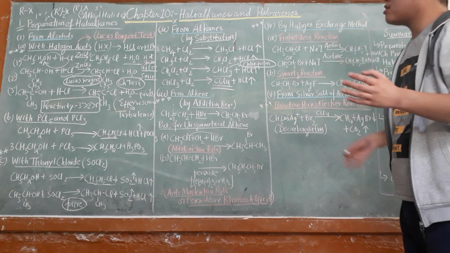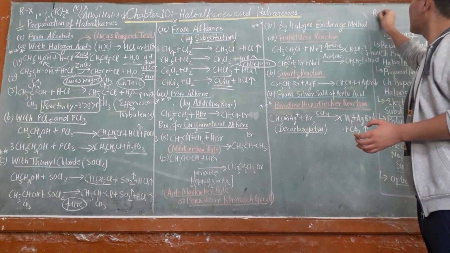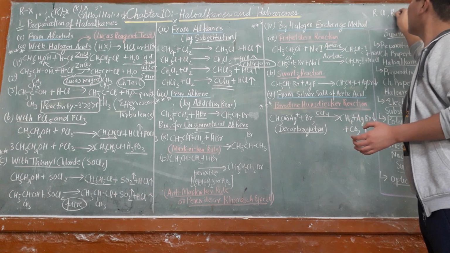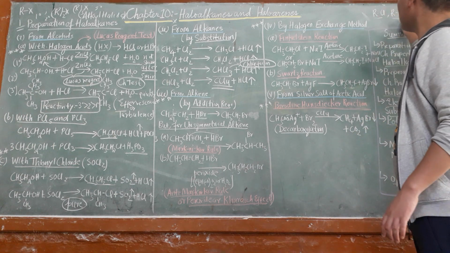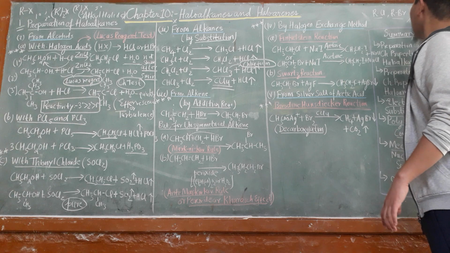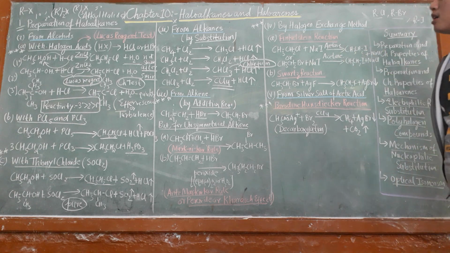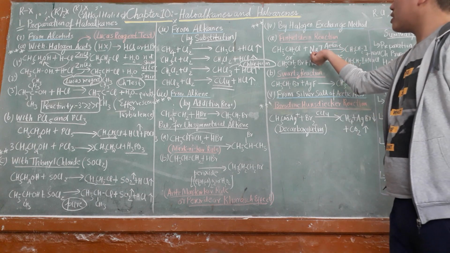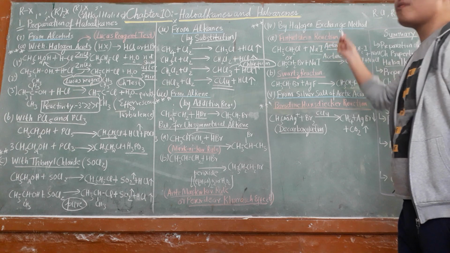In this method the reactants are R-Cl or R-Br, and the product will be R-I. The reagent is NaI, sodium iodide, in the presence of acetone.